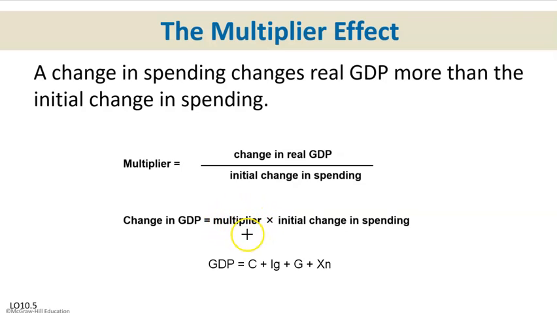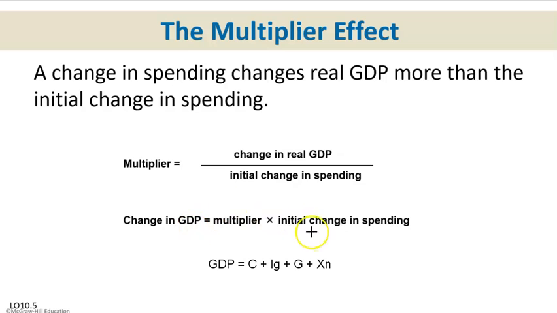So you're solving for the multiplier, and then you multiply by an initial change in spending, and you'll be able to figure out how much GDP will change by. So if the multiplier is 4 and investment goes up by 20 billion, then we have an idea that GDP will increase by 80 billion.